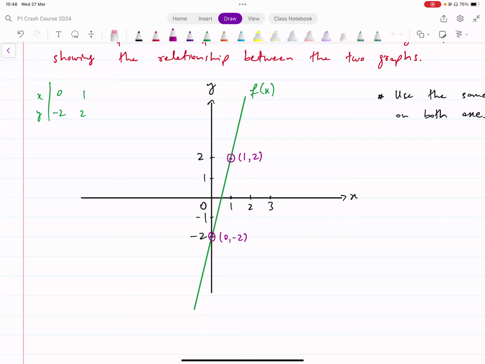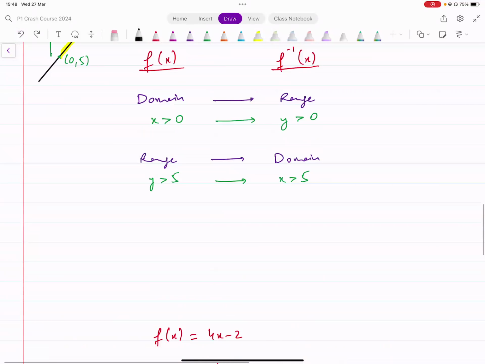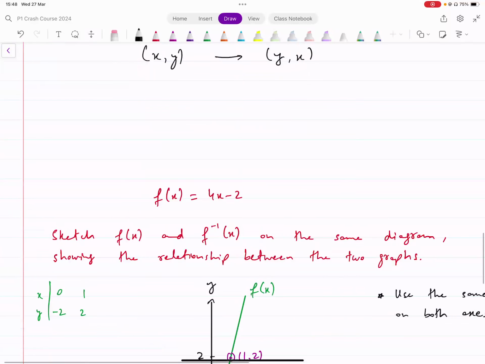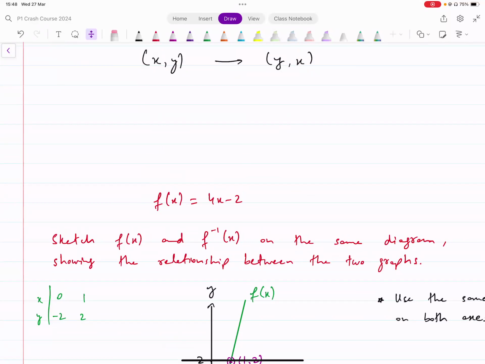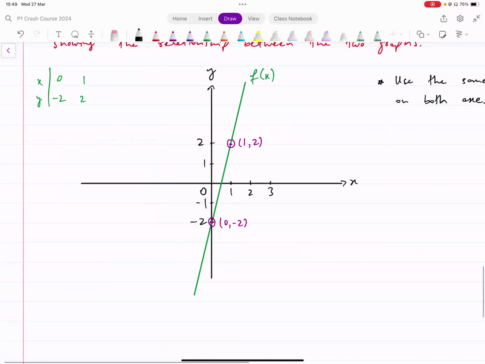When you draw the graph of the inverse function, these coordinates just get interchanged. So in the original function, if you had x, y, in the inverse function that becomes y, x, right? That's how you find inverse in the first place. You interchange x and y. So x, y becomes y, x.